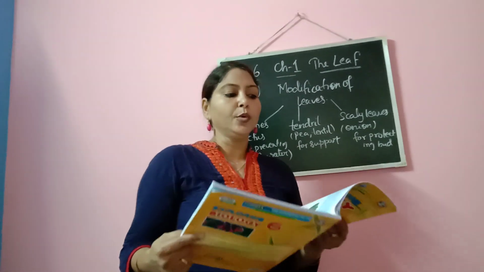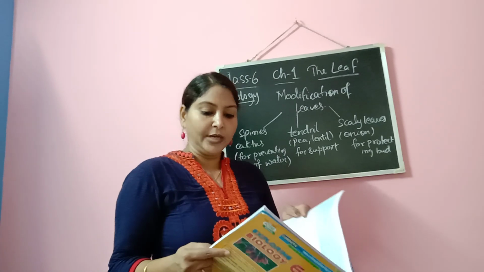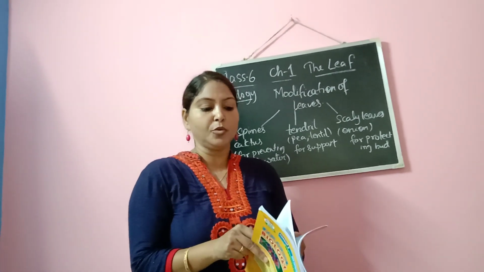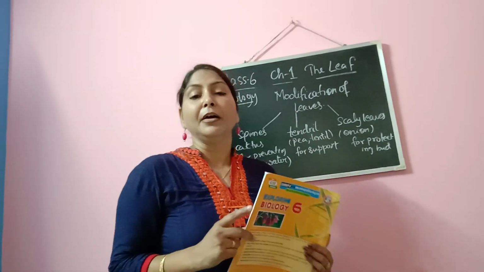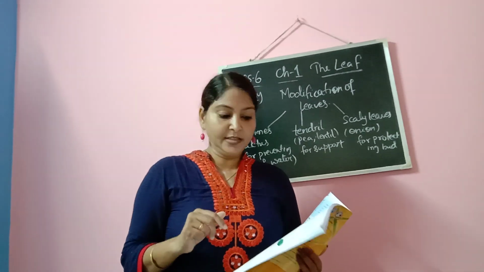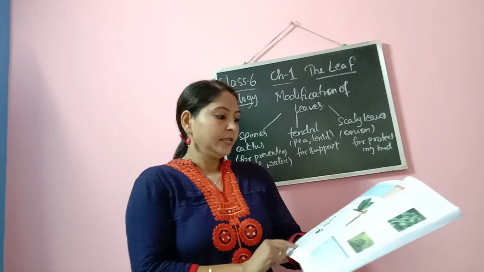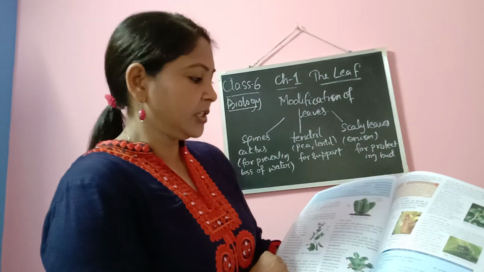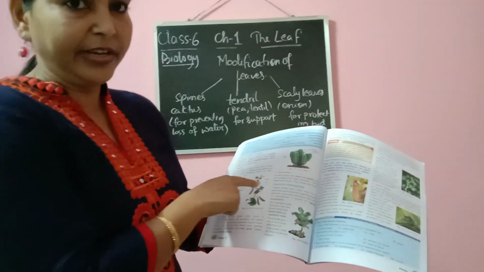Okay, so what you will do, you will read this chapter nicely and try to understand. If any word or term is not understood by you, you can write in the comment box, and please do the previous question answers which I have sent. And also from here, you will try to draw this cactus, the modification of leaves.